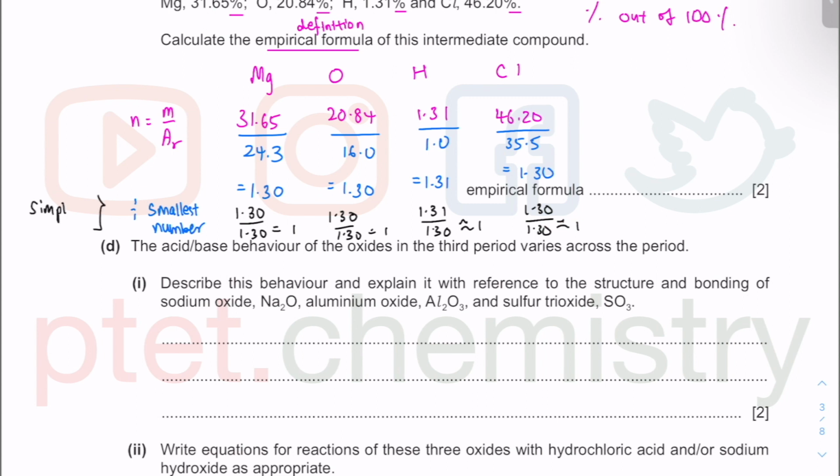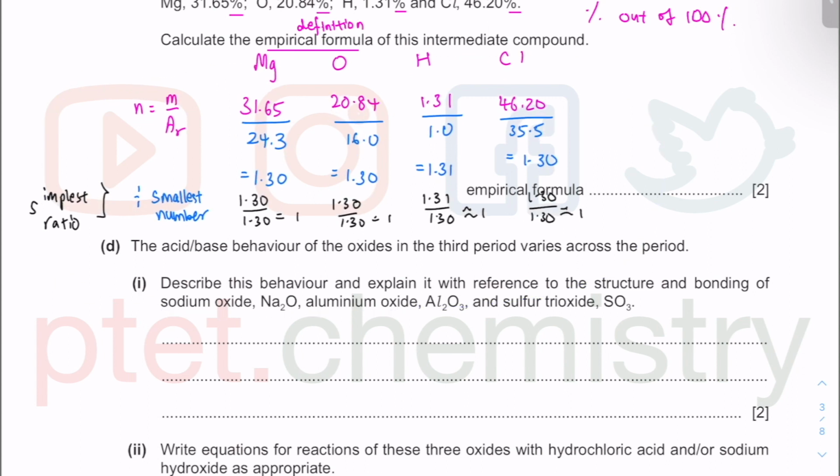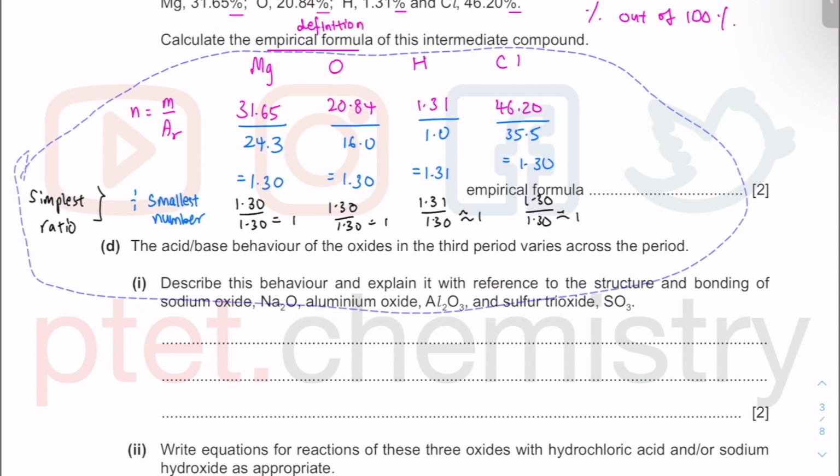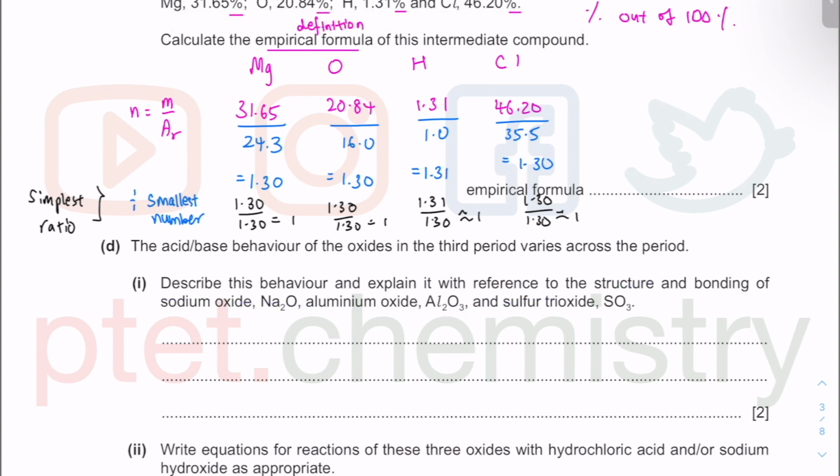A lot of students say, I know how to do it, but I don't know how to explain it. That means all this while you're probably just memorizing instead of knowing where things come from, and that is a big danger on its own. So there's going to be Mg, O, H, and Cl. This is the empirical formula, the simplest whole number ratio of the atoms. So I'm just going to write it in that space there.